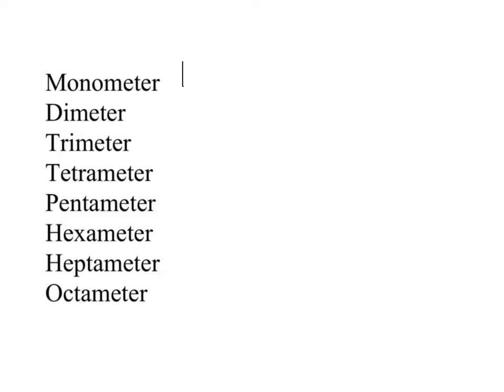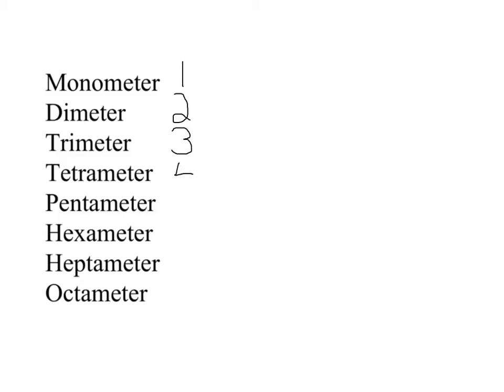If we have two iambs, it would be iambic dimeter. If we have three iambs or three trochees or three anapests, it would be trochaic or iambic or anapestic trimeter.